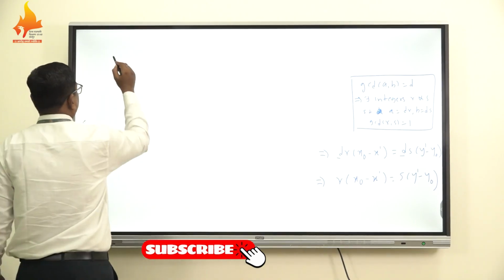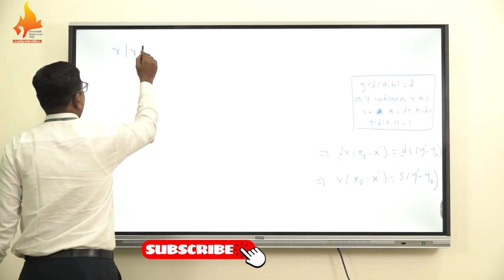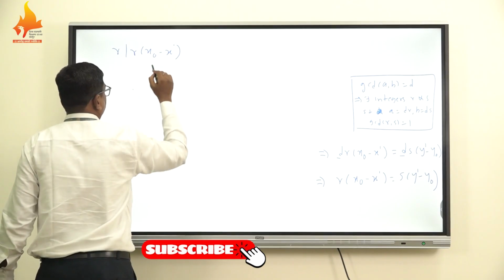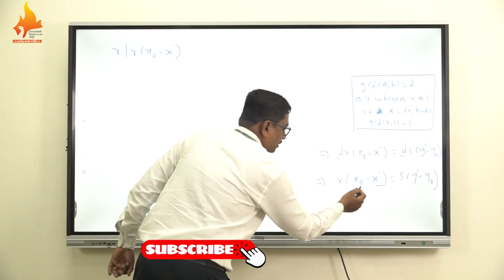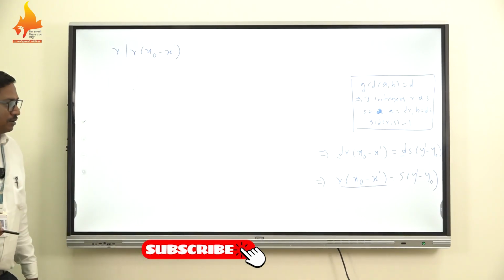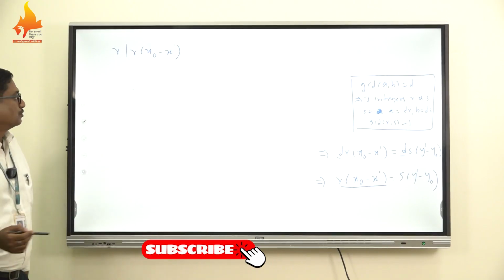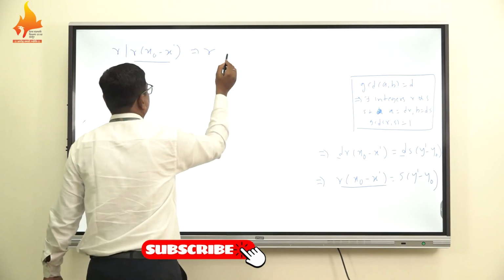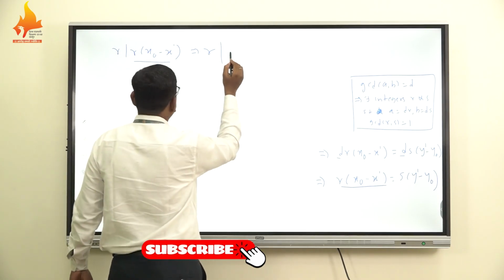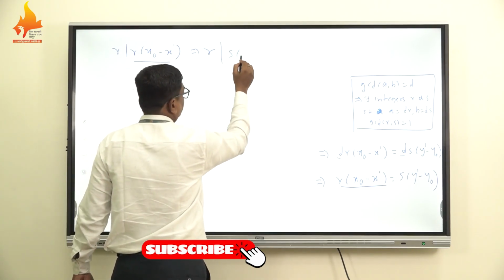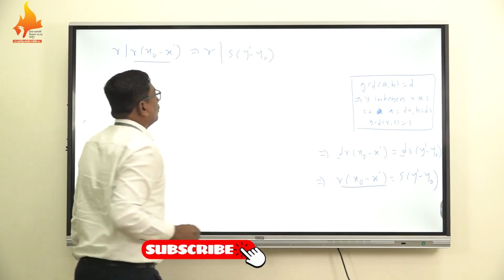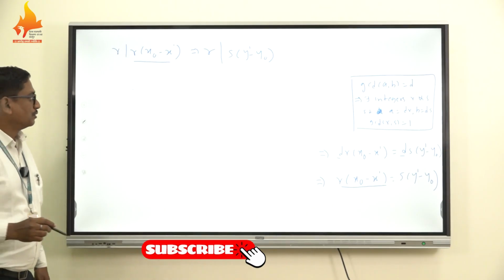As we see, r divides r into (x naught minus x dash), because this number is a multiple of r, and that is equal to the other side. So r must divide s into (y dash minus y naught).